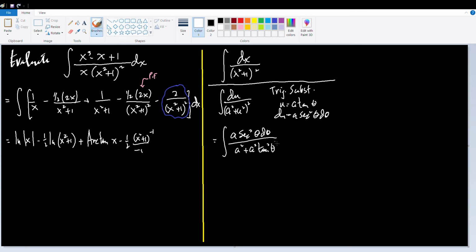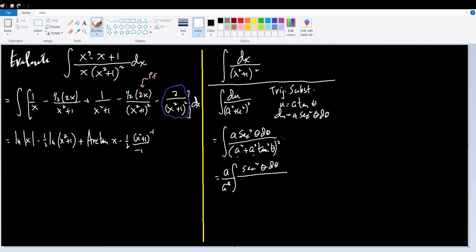So du is a secant squared theta d theta, all over a squared plus u squared, which is a squared tangent squared theta, quantity squared. Let us write the constant a outside the integral, secant squared theta d theta. In the denominator, we can factor a squared, and then it is further squared, so that is equivalent to a raised to 4.